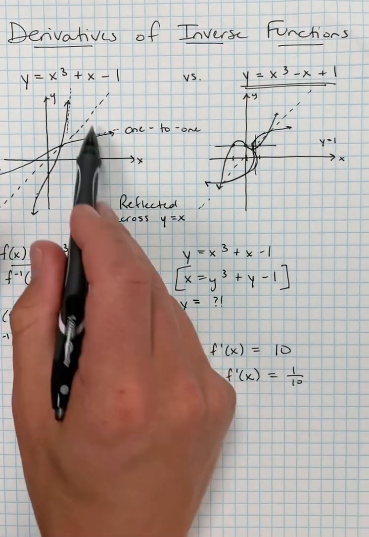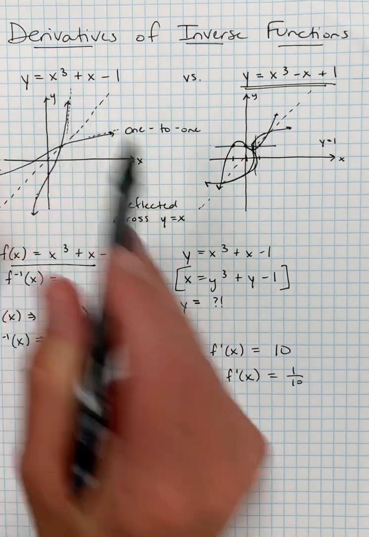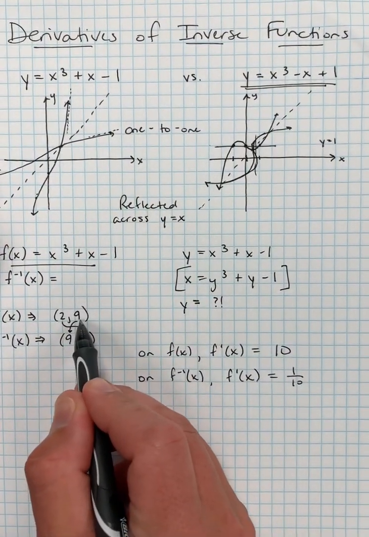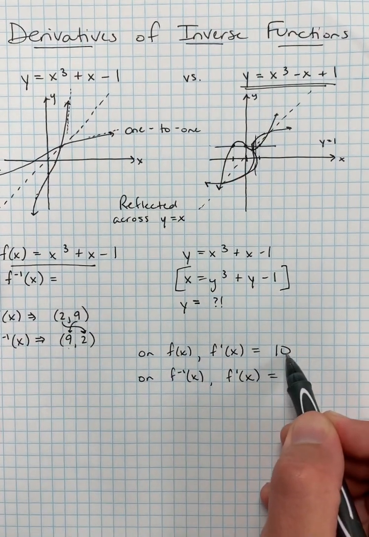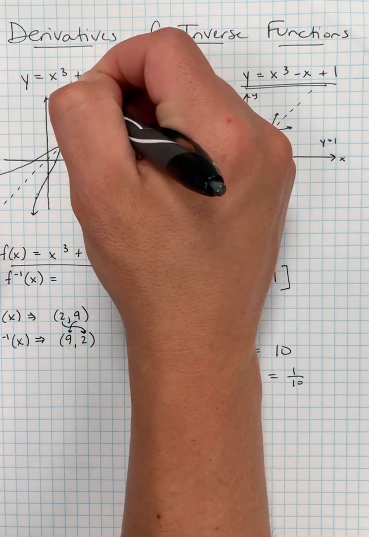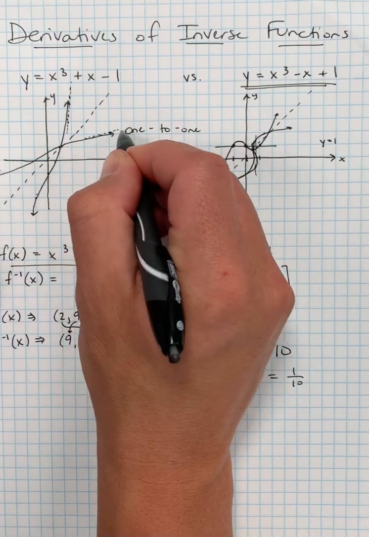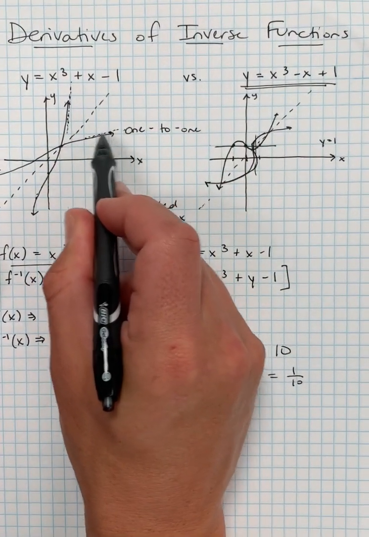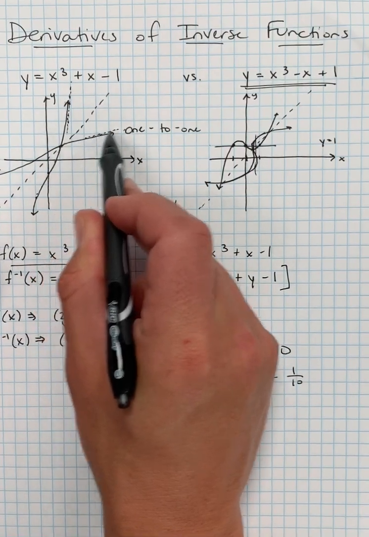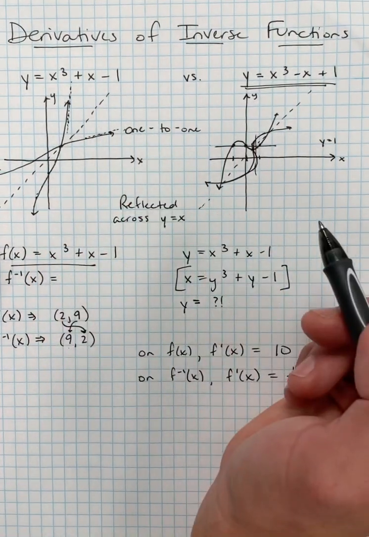But it's equal to 1/10 at the flipped input and output. So the point 2, 9 becomes the point 9, 2, and that flips the 10 to the 1/10. And that, just based on this graph, makes sense to me, as we have a really steep tangent line here and then a positively sloped but shallower tangent line here.